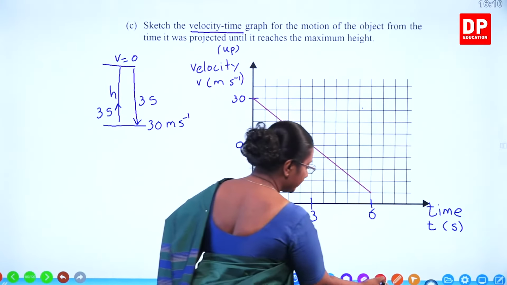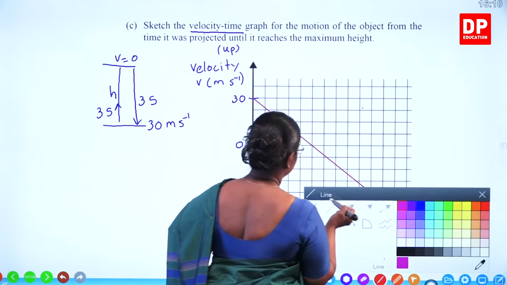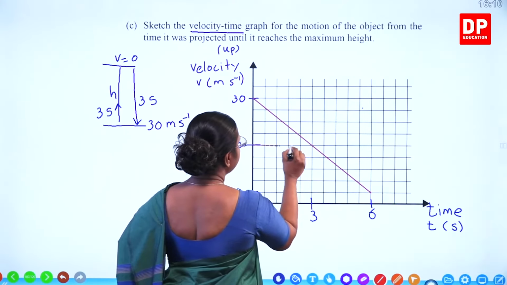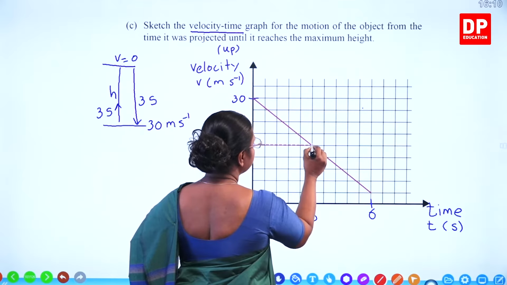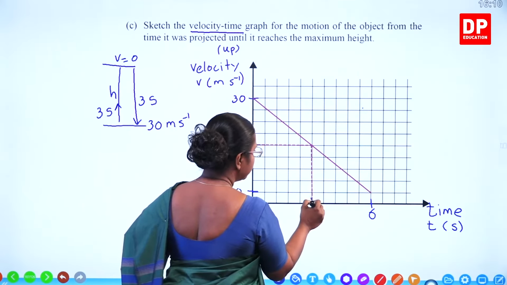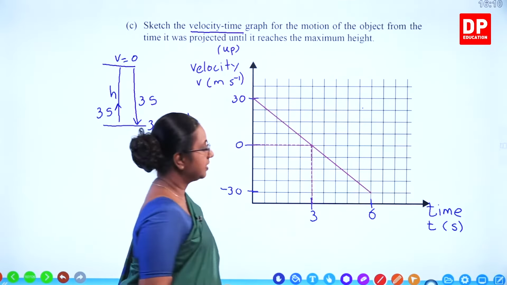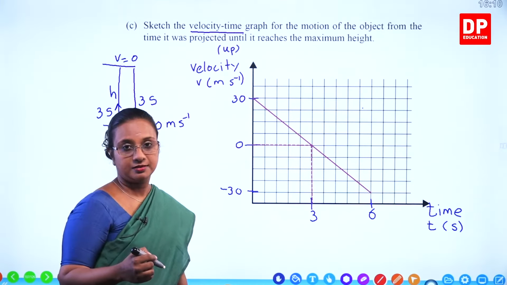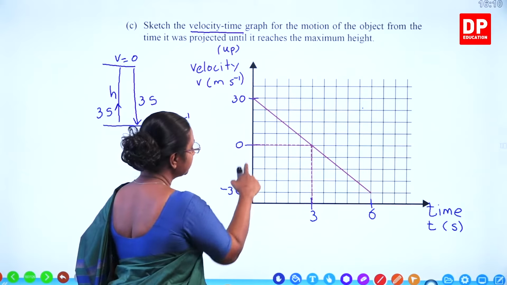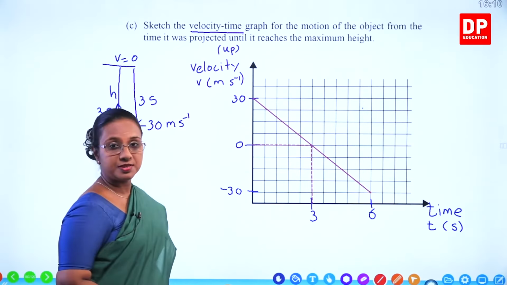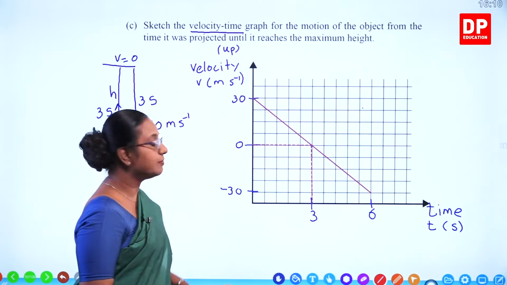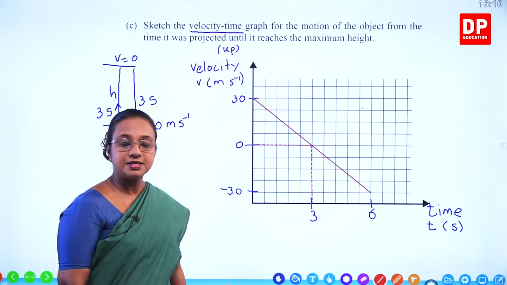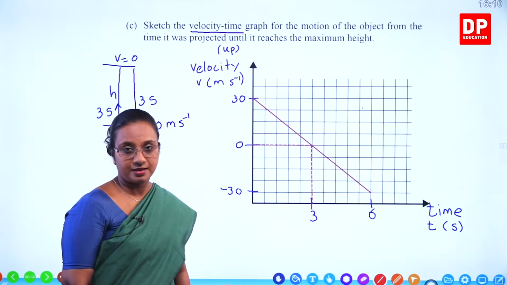If we mark the sections, up to this point it is the object going upwards, and the rest of it is where the object comes down again. Starting from 0 velocity, accelerating in the opposite direction and reaching a velocity of minus 30 meters per second.